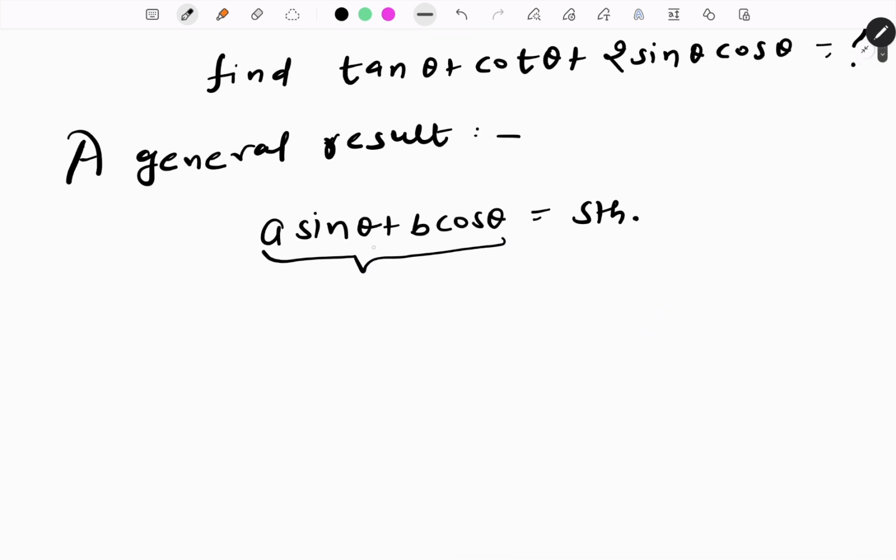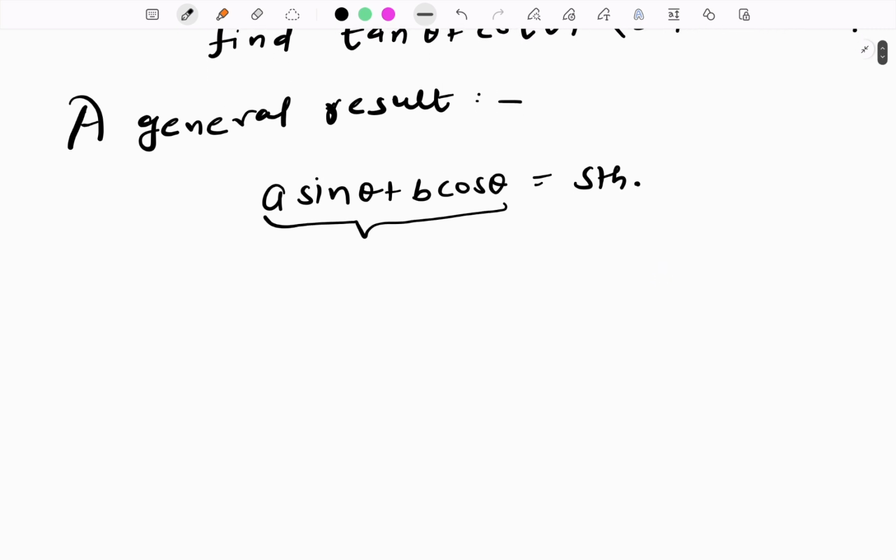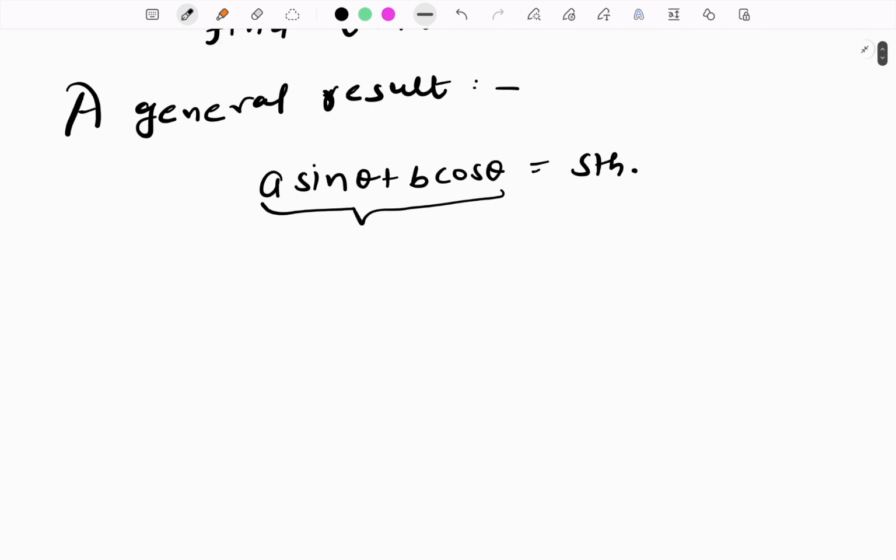Now the coefficient of sine theta is a and the coefficient of cos theta is b. So the idea is that we can convert this expression completely into a sine of an angle or cosine of an angle. So how do we do this? Let's imagine a triangle with theta here, and a is here and b is here.